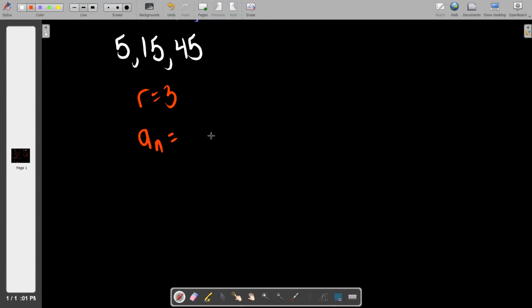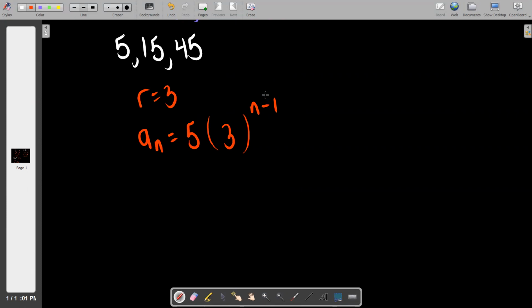Number 6, we have the sequence 5, 15, 45, which obviously is that we are multiplying by 3. So our r value is just a nice, simple 3. Our explicit formula is, again, a sub n equals first term times common ratio to the power of n minus 1.